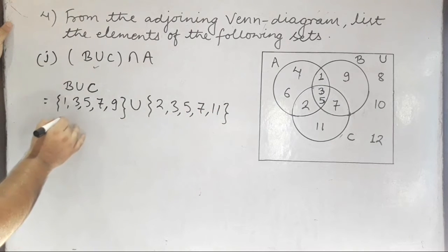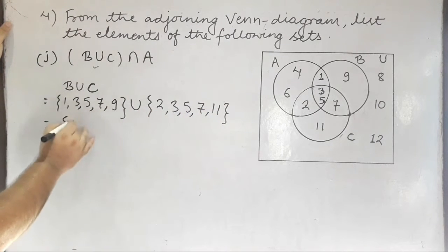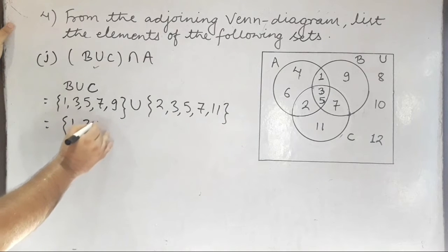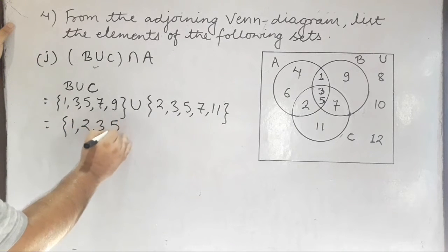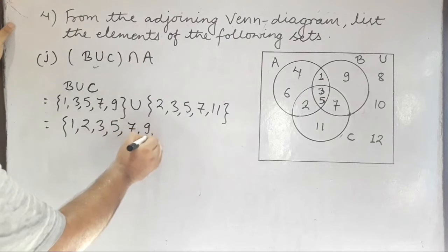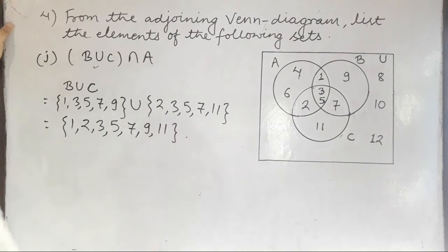Okay, the union of these elements, writing all the elements: 1, 2, 3, 5, 7, 9 and 11.